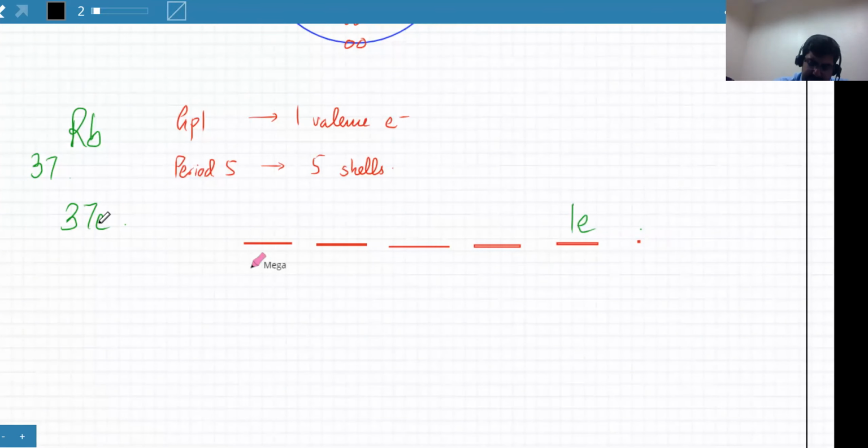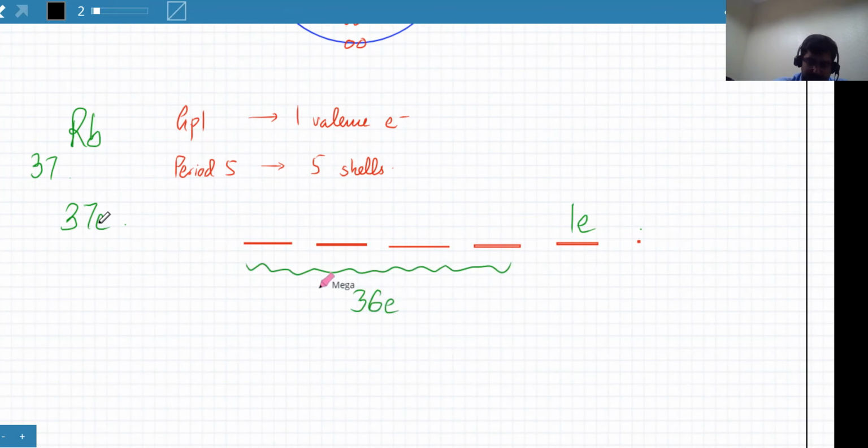So the rest of the shells are going to have a total of 36 electrons. I'm going to start with the first one. That's two electrons. Then the second has a maximum of 8 electrons. The third one will have a maximum of how many electrons? 18.